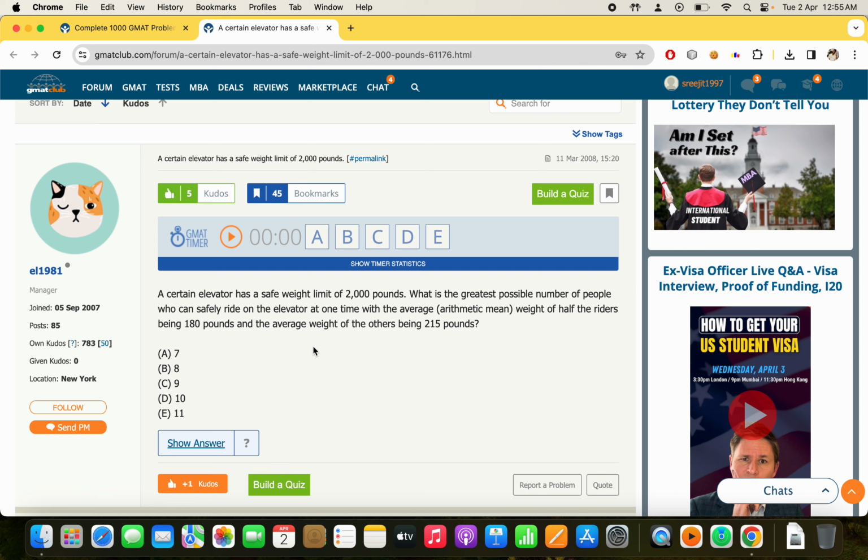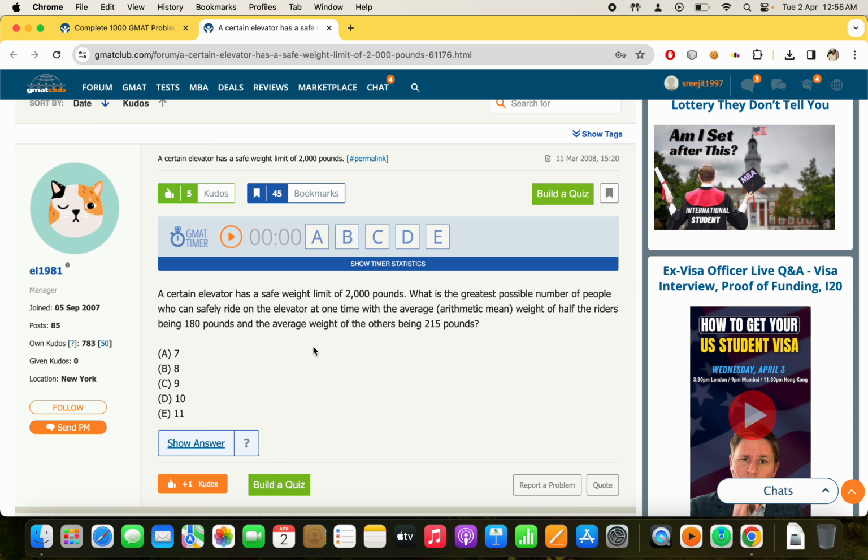So x is the total number of people. So x by 2 people times 180 plus x by 2 people times 215 should be less than 2000, right?